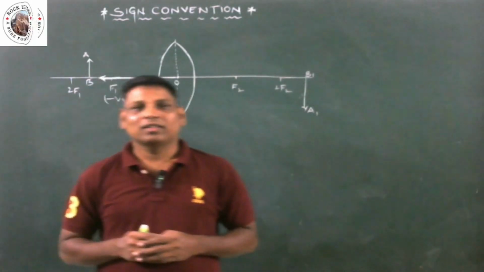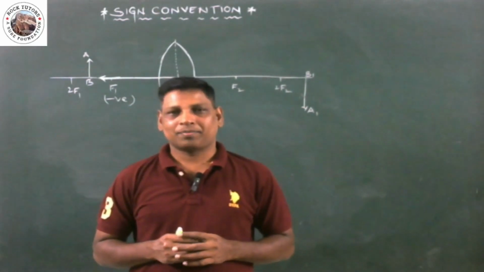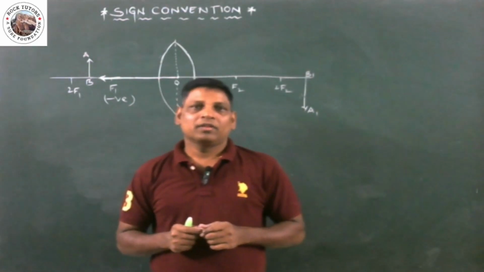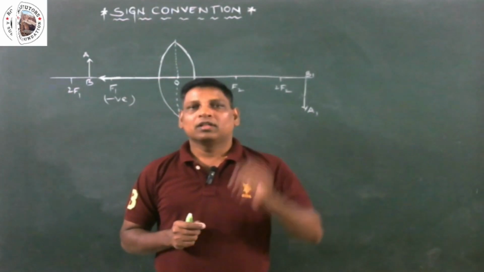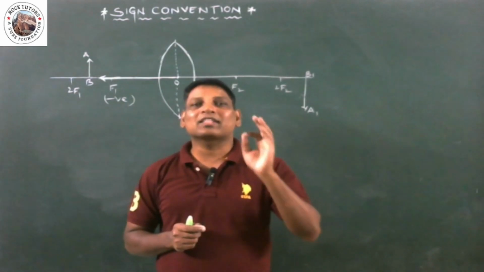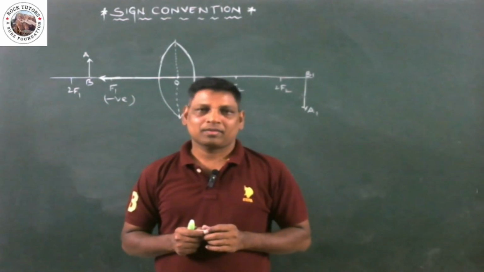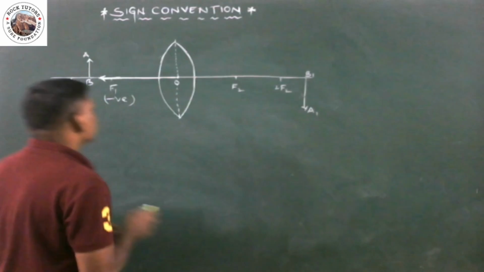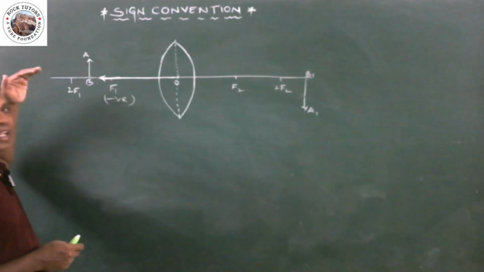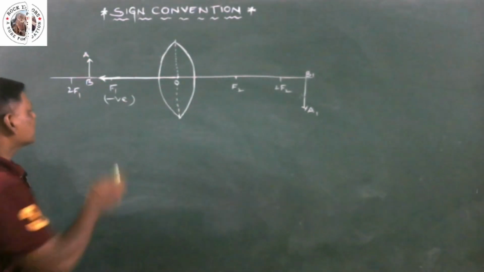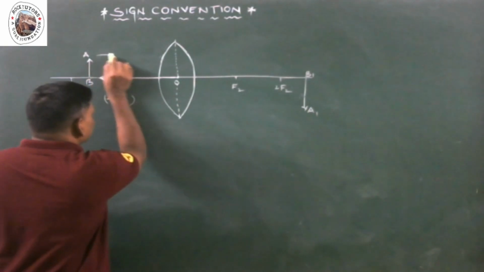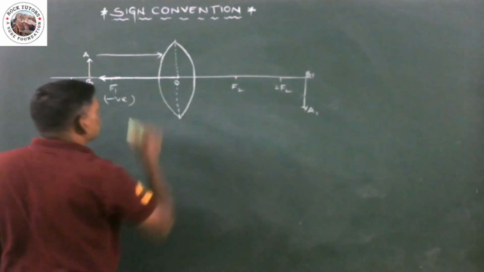Now the third point is very, very important. We apply the sign conventions with respect to the incident ray. Here, this is the object, and from point A the rays are coming in this direction.